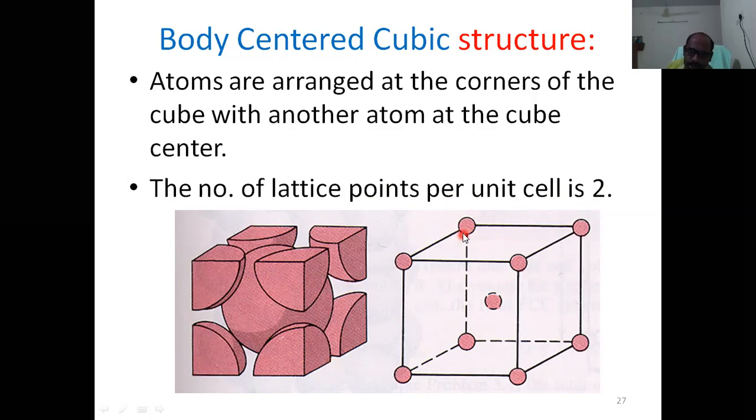That means if you take this corner point and the opposite point, that is the body diagonal. And another body diagonal from here to here. So they touch along the body diagonal.